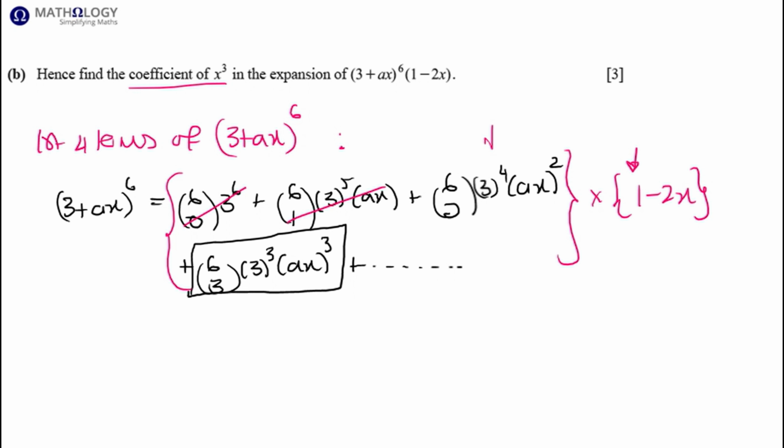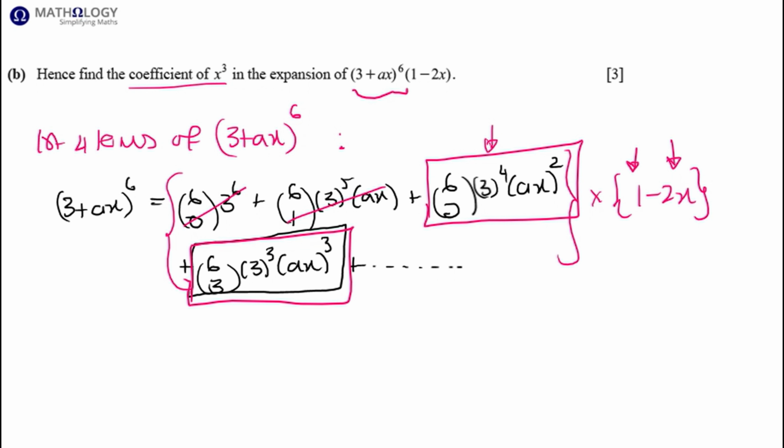However, the third term here has a term in x squared, and when we multiply by the term minus 2x, we will get a term in x cubed. So we are interested in this term, and we are also interested in the fourth term of that expansion of (3 plus ax) to the power of 6.